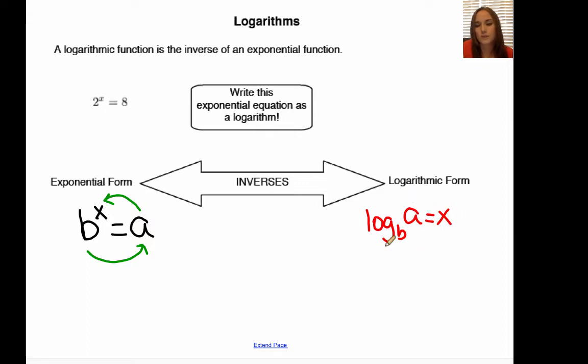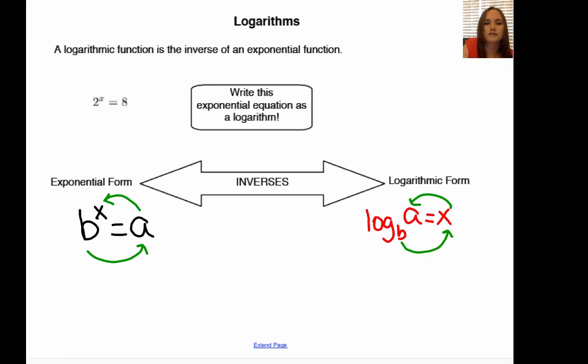This also works if you're going from logarithmic form back to exponential form. So if I started with the b here, go across to the x, b to x equals the a. So if you want to remember the rotation, you can, to help you know where to put the values.